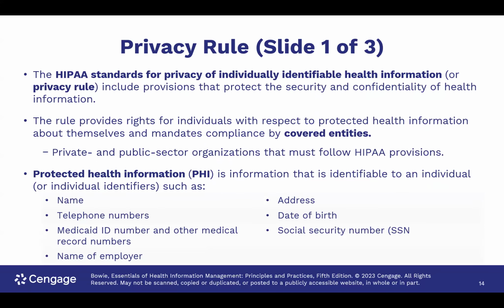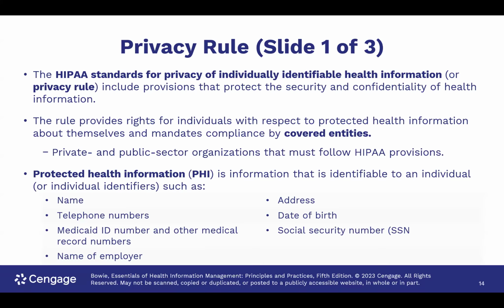HIPAA, as we talked about earlier, has several sections, and one that you'll be dealing with a lot in health information management is the privacy rule. The standards for the privacy rule cover individually identifiable health information. This covers security and confidentiality of the PHI.